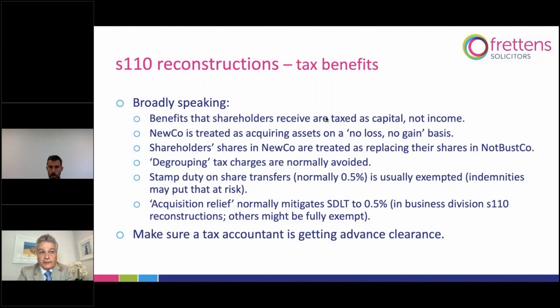In extreme cases, a company with properties worth, let's say, £5 million could be looking at paying £800,000 in stamp duty land tax. More typically, it might be around £200,000. So if you can mitigate that down to £25,000, that really is a very significant saving.